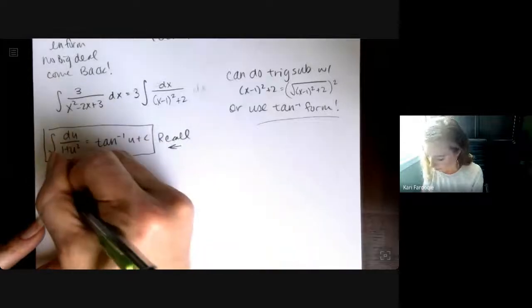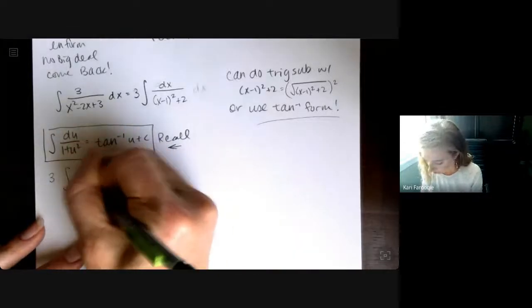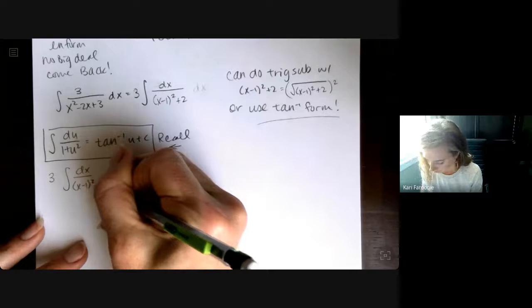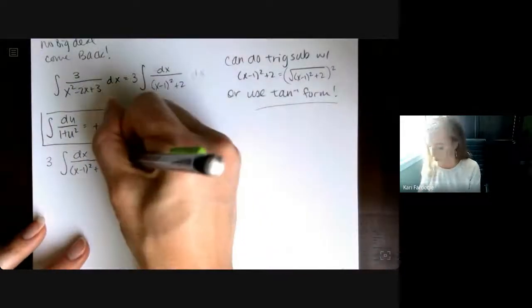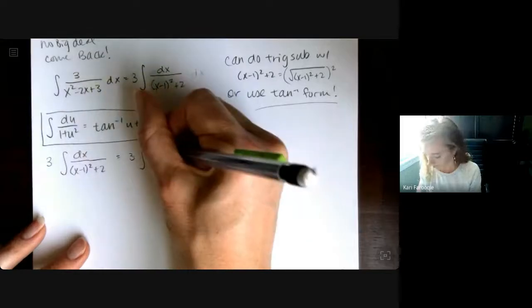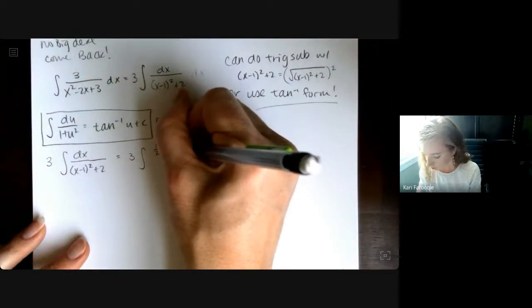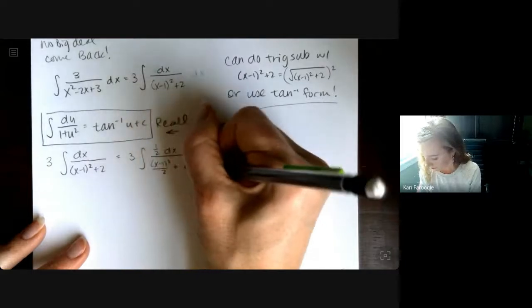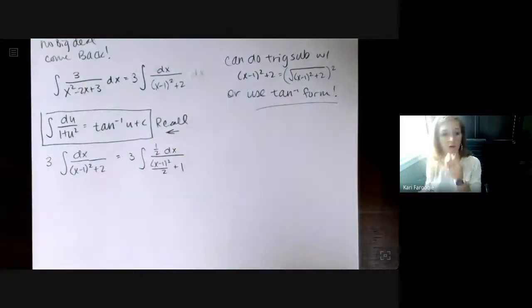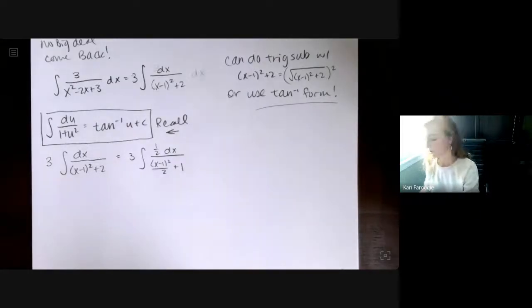So I'm going to take my integral and I'm going to divide everywhere by 2. So every term, I'm going to divide by 2. 2 divided by 2 gives me 1. This is good. We haven't done this in a few days, so this is good.